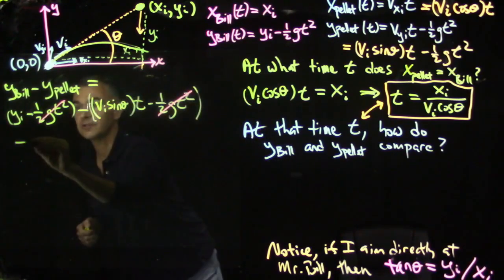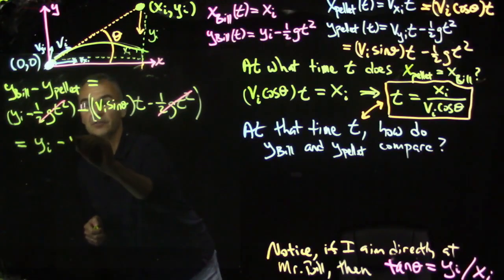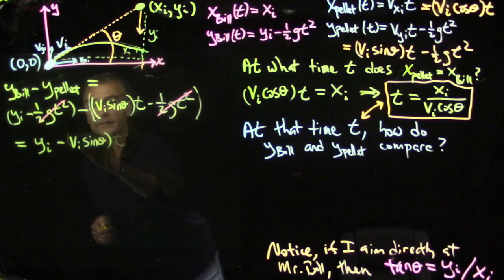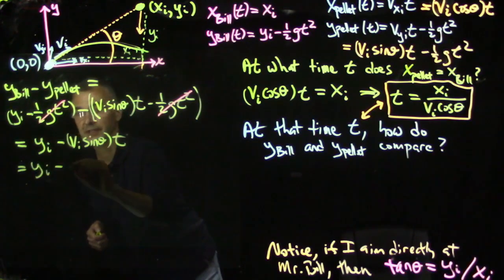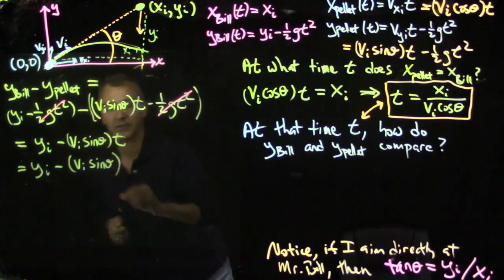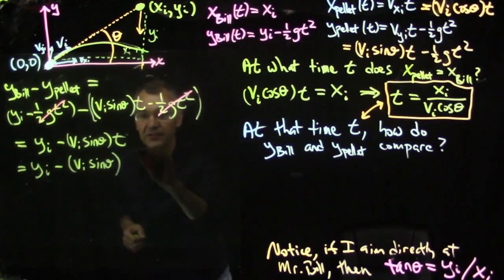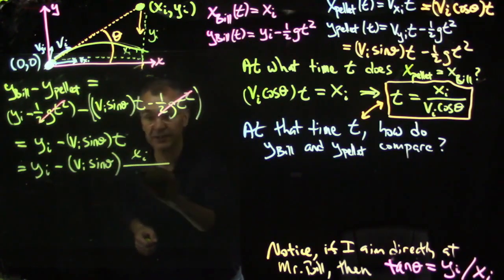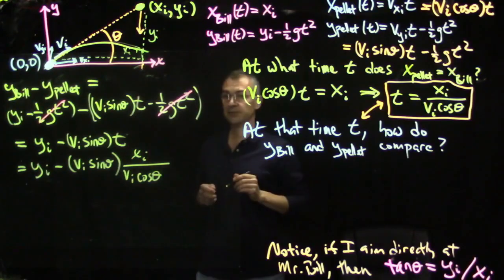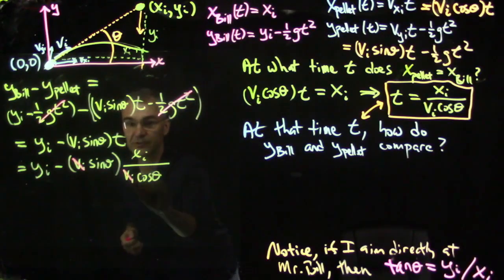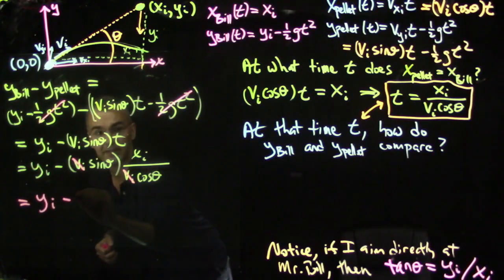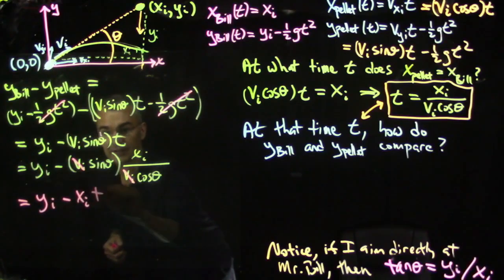And then we get y initial minus v initial sine theta t, which is y initial minus v initial sine theta times our expression for t. It is x initial divided by v initial cosine theta. It seems like the v initial cancels out, and we get y initial minus x initial tan theta.